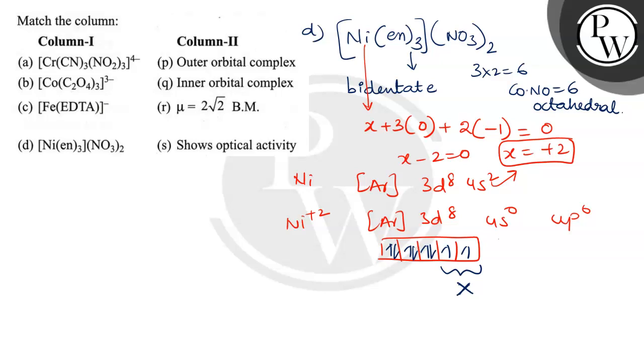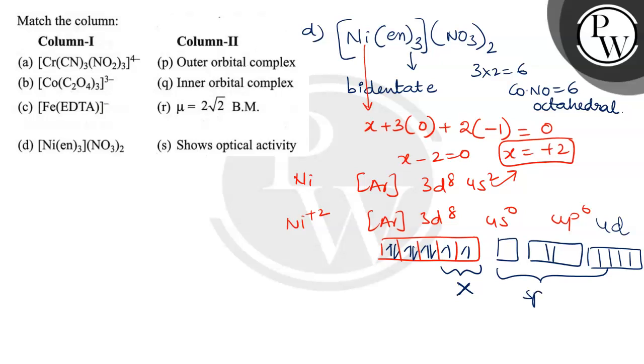Here d2sp3 hybridization is not possible because even after pairing the electrons, only one d orbital is vacant, but we require 2 vacant d orbitals. So inner d orbitals are not involved in the hybridization; the outer d orbitals participate. So the 4d orbitals are participating now. The s orbital, 3 p orbitals and 2 d orbitals undergo sp3d2 hybridization, and outermost d orbitals are involved in the hybridization and in bonding also. So we can say that it is an outer orbital complex.